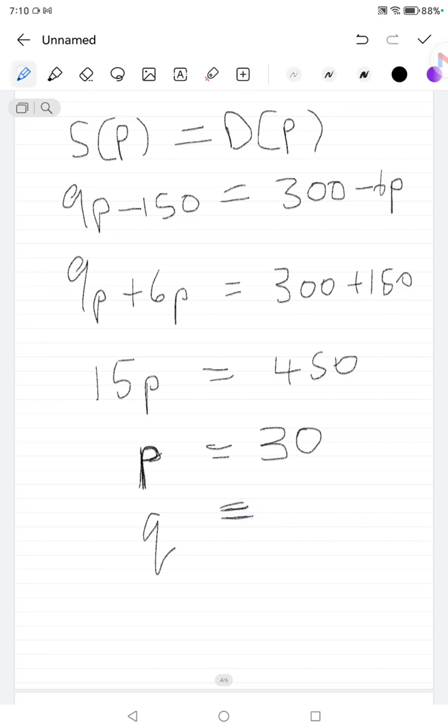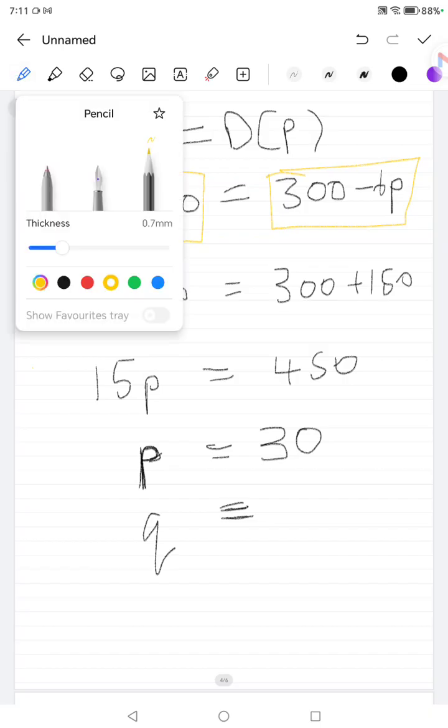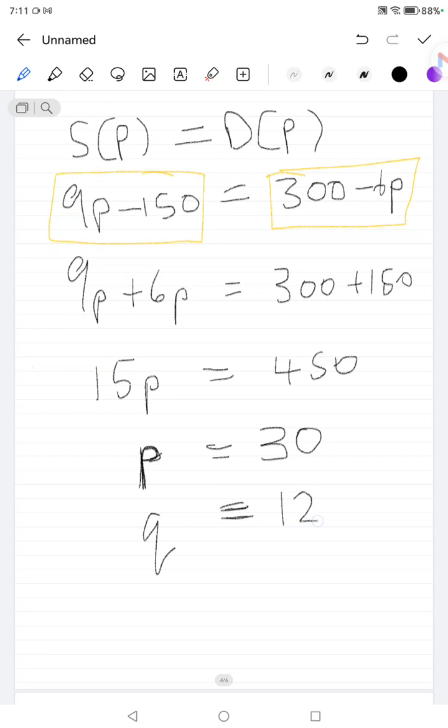Any of the formulas that you see, remember you have this one on this side and the other one on that side, any that you choose. Whether it's your supply or your demand, you're supposed to get the same answer. Where you see your P, you just input your data. It's 120. Then you're getting 120. Even if you input it into the other one, you're going to get your 120.